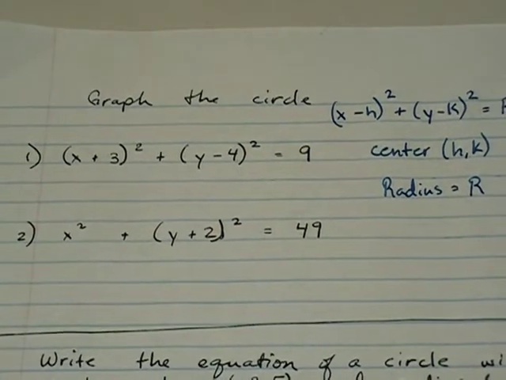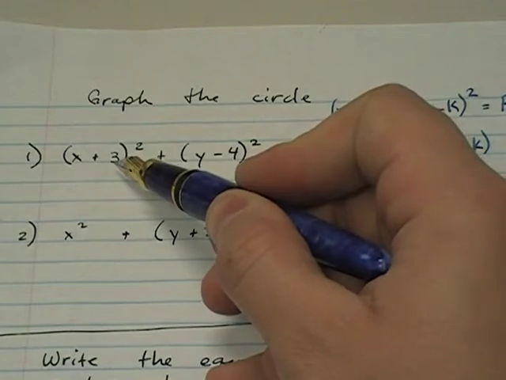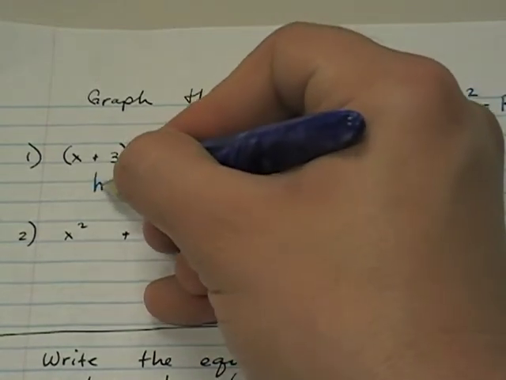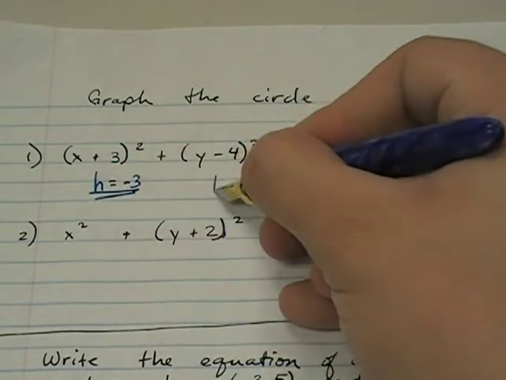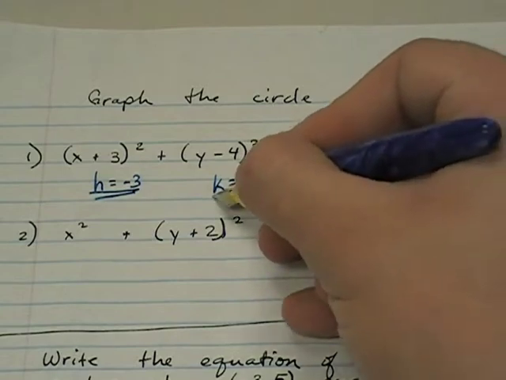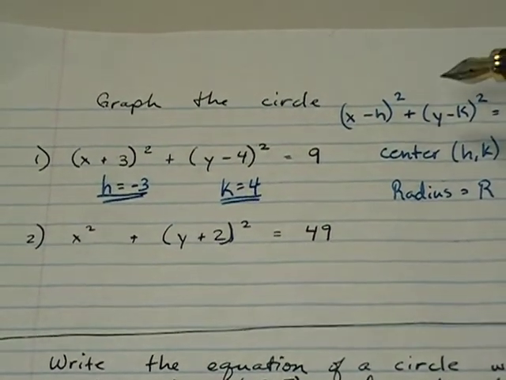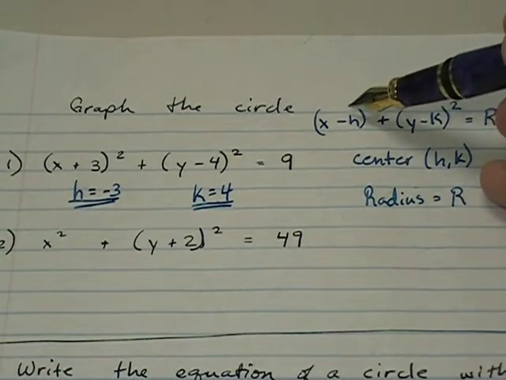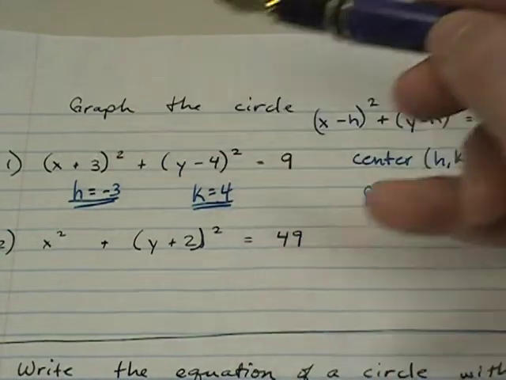Well, ask yourself here, what am I subtracting from x to get x plus 3? And the answer is h is negative 3 and k is 4. Now what do I mean by that? Well, if you go back to our original formula here, x minus h, what would you have to plug in for h to get a value of positive 3 here?